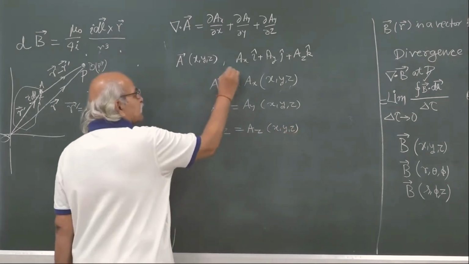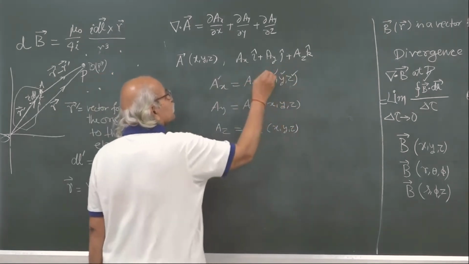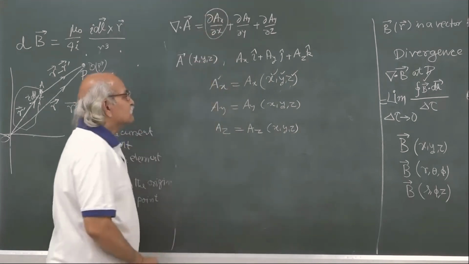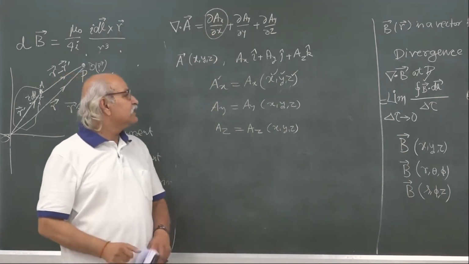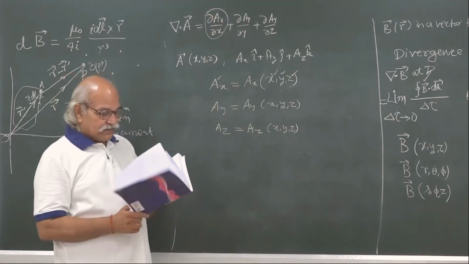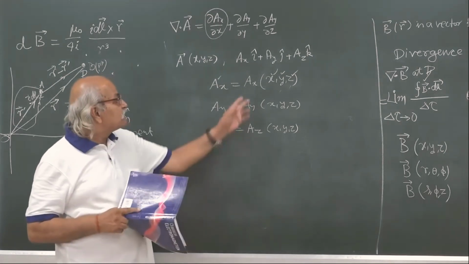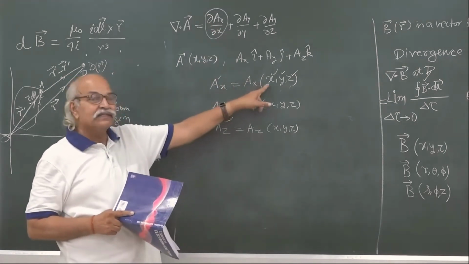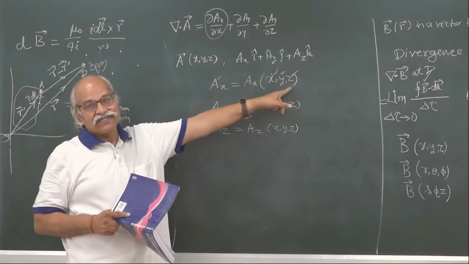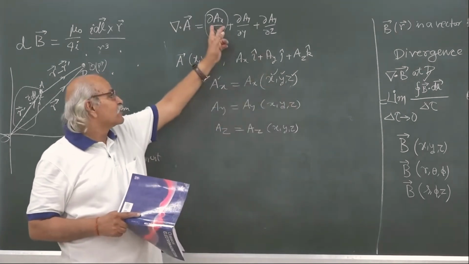So Ax is a function of x, y and z. What you have to calculate is this function is to be differentiated with respect to x, treating y and z as constant. That is this term.